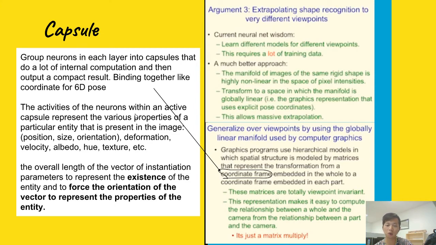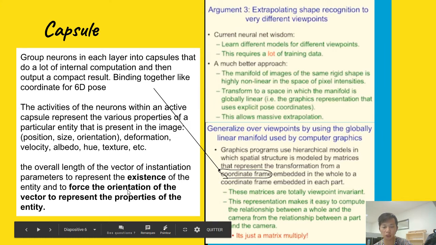The activities of the neurons within an active capsule represent the various properties of a particular entity that is present in the image, like position, size, orientation, deformation, etc. And the overall length of the vector of instantiation parameters represents the existence of the entity. And the orientation of the vector represents the properties of the entity.